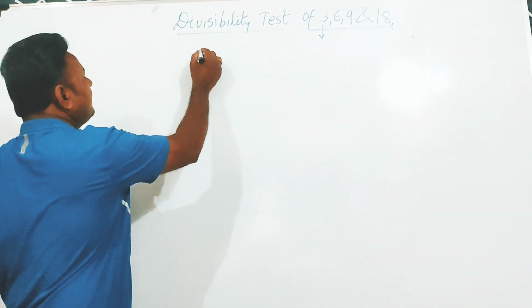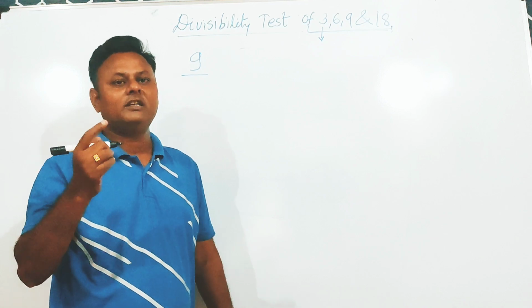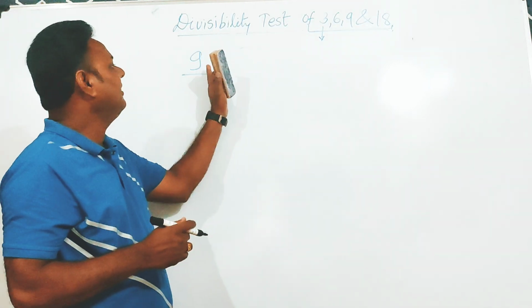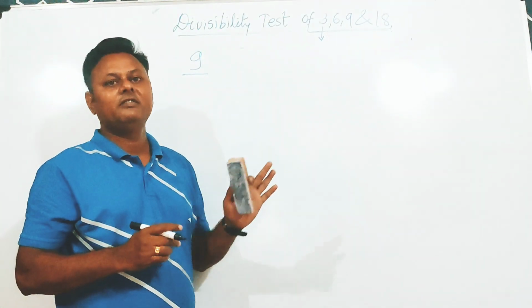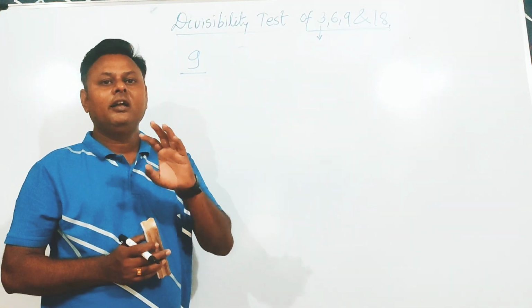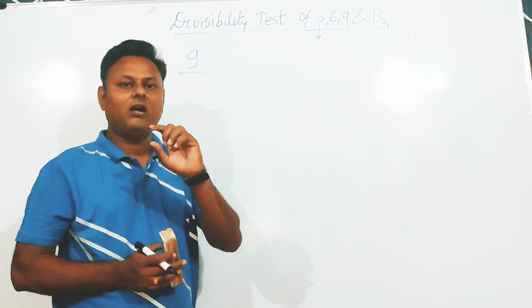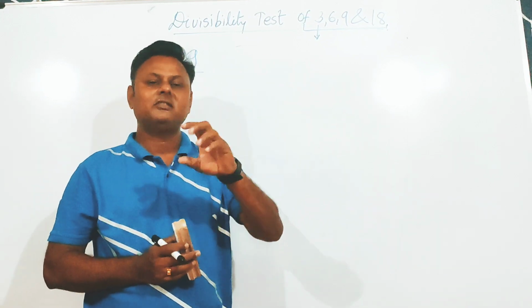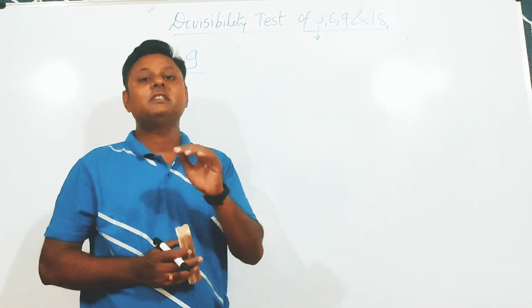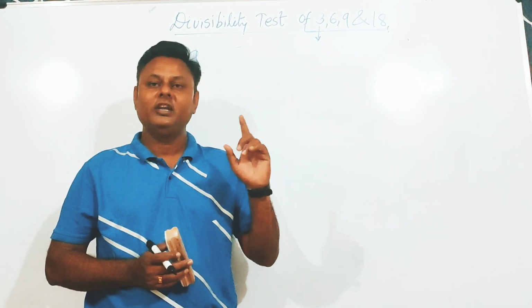Now the divisibility test of 9. The divisibility test of 9 is the same as the divisibility test of 3. In the divisibility test of 3, we learned that if any number is given, add all the digits in that number, make a sum of it, and if the sum is divisible by 3, the whole number is divisible by 3.